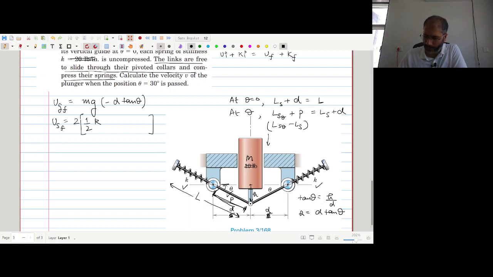That will be a negative value because the spring has compressed. So the length of the spring at angle theta minus the length of the spring at theta equal to 0 will be something negative, but that's okay, since we want the square of that. It becomes d minus P. And P is larger than d because the angle theta has a positive value. So P times cos theta is equal to d, so P becomes d by cos theta.